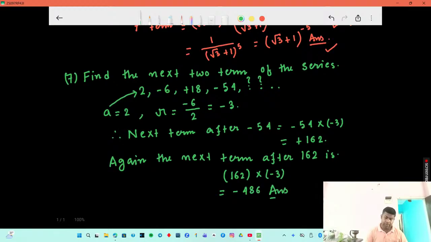So here we can say that the next two terms of the series will be this one. I will just write it for you. The next two terms of the series will be 162 and minus 486, and the series will go on like this.